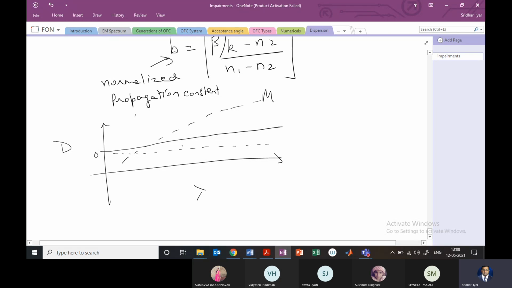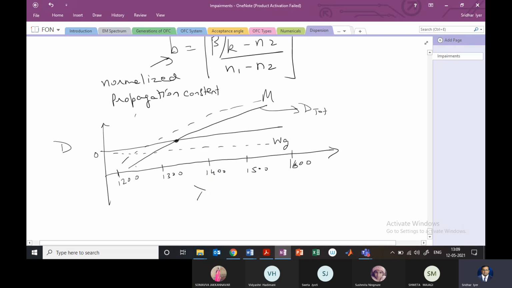Therefore, if you add the two dotted lines, that is material and waveguide, you will get a total dispersion, and you will see that this total dispersion looks something like this. So you can already see what is happening here. I'm getting some zero dispersion. This solid line here is D total, that is total dispersion.